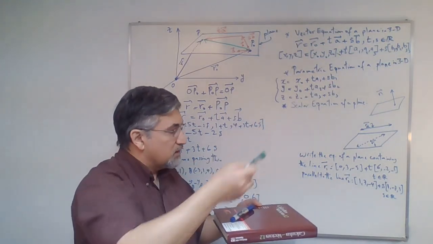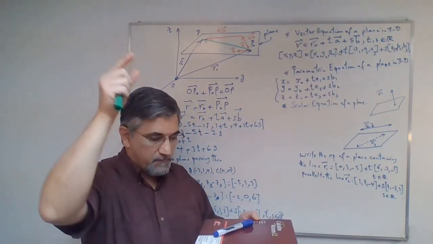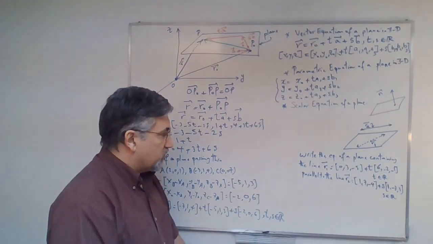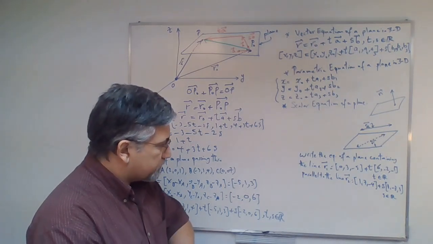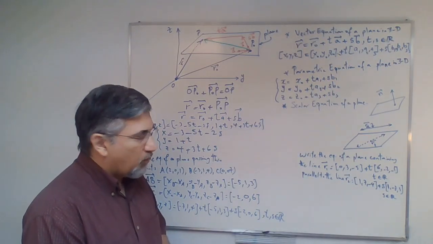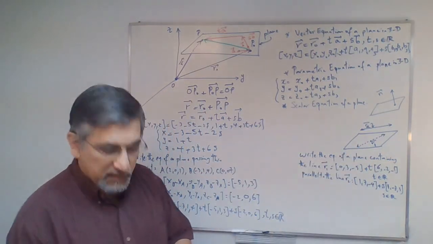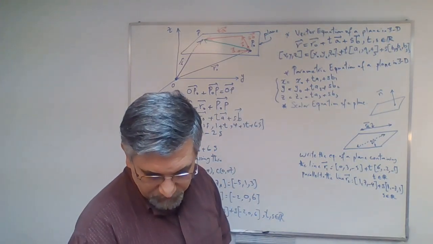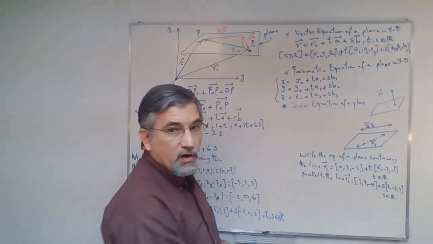So one line is R2, the other one is R1. R1 is on the plane, okay? And we want to write the equation. So the question is, how can we do this? We need to have one point on the plane, and the point on the plane we select is going to be a point that is on the line R1.